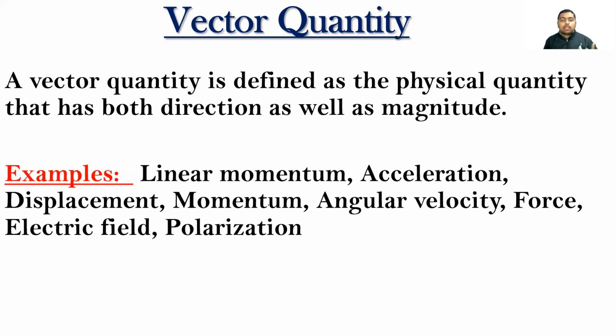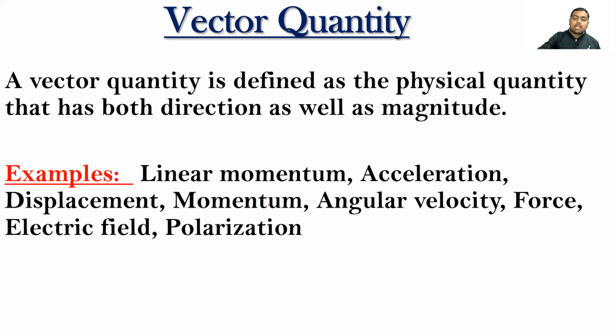So what do you think? A push or pull is a force and force has a direction because push has a direction and pull also has a direction. That's why force is a vector quantity because force is always acting in a particular direction. Electric field, magnetic field, polarization, momentum are also physical quantities which need direction. Electric field also has a direction. Without any direction, it cannot move in a random motion.